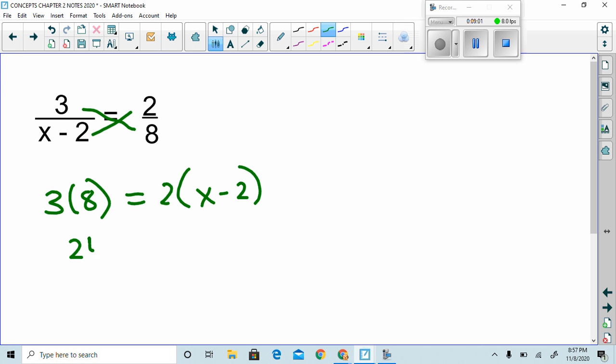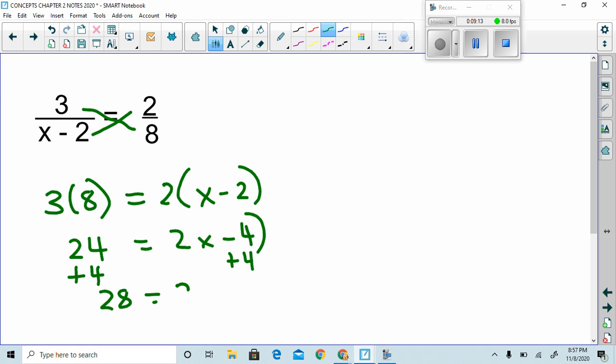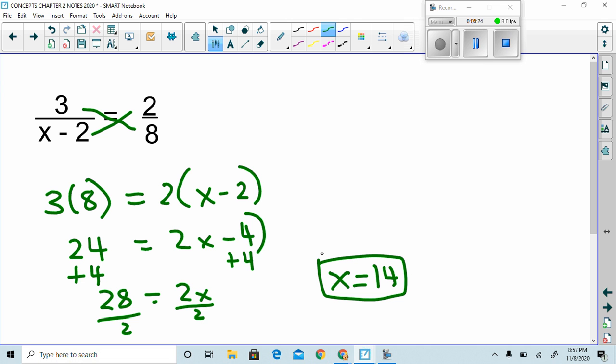This will give me 24 is equal to 2x minus 4. We will go ahead and add 4 to both sides. Again, we just did a whole section on solving equations, and this is why this follows right through as an application of how to solve a proportion. I get x is equal to 14.